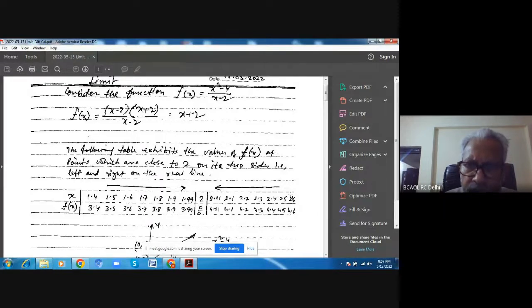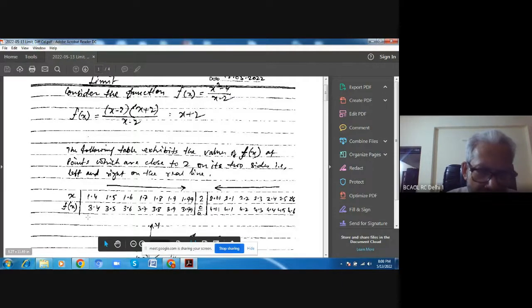In that case the value is decreasing, first 2.6, then 2.5, then finally it is reaching 2. If we consider the function of x, then it is also increasing and slowly reaching the value of 4, 3.9, and after that 4.